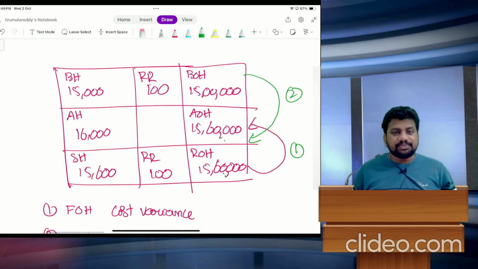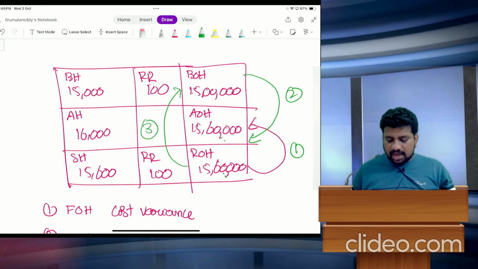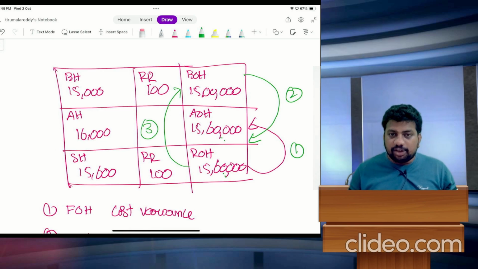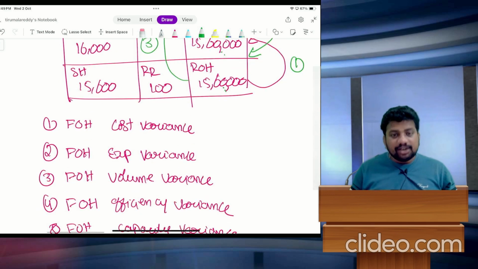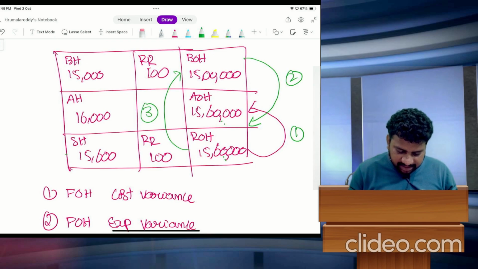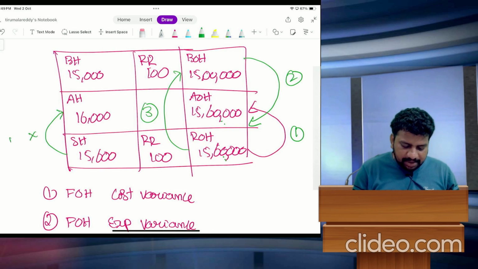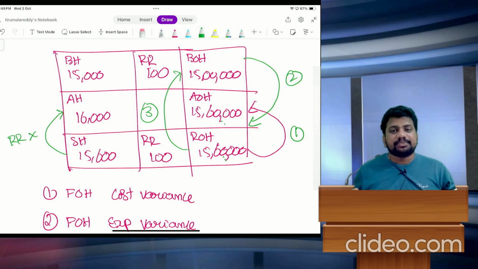Next one, this one. This is the third answer. ROH minus BOH, 15,60,000 minus 15 lakhs will give you the third variance's answer, that is volume variance. Next, this one here. So SH minus AH, but multiply this with RR.